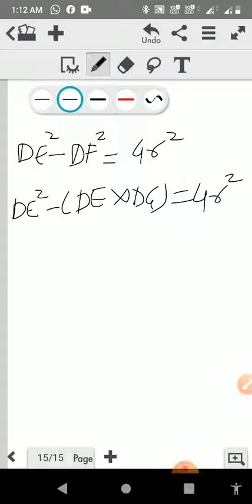Now DE is a common term, and in the bracket I will get DE minus DG, which is equal to 4r square.